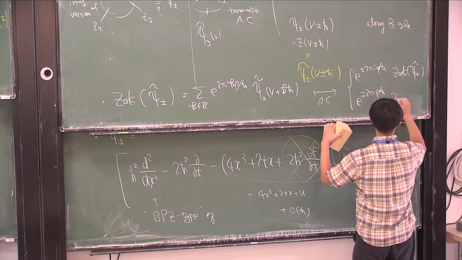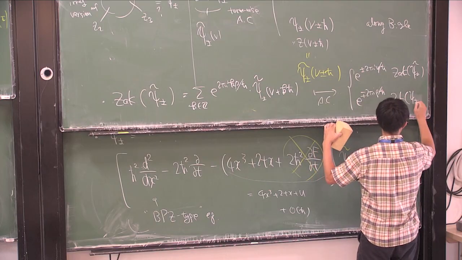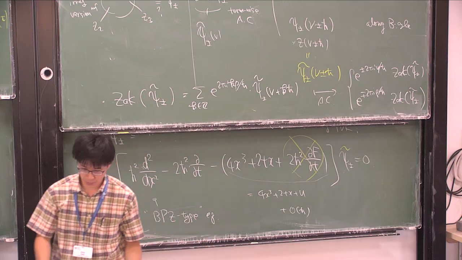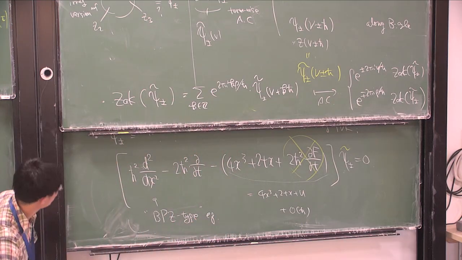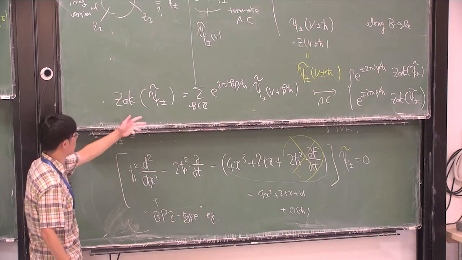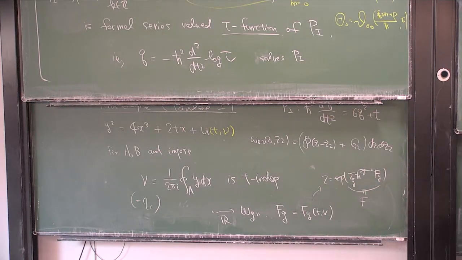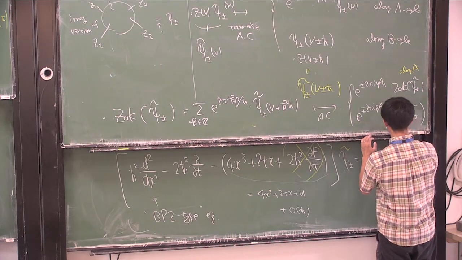Yeah. This is very important because now you have some formal series. Again, this also can be written by some theta function series expansion, like this. At each order it has this monodromy property. So the first one is along A, and the second one is along B.